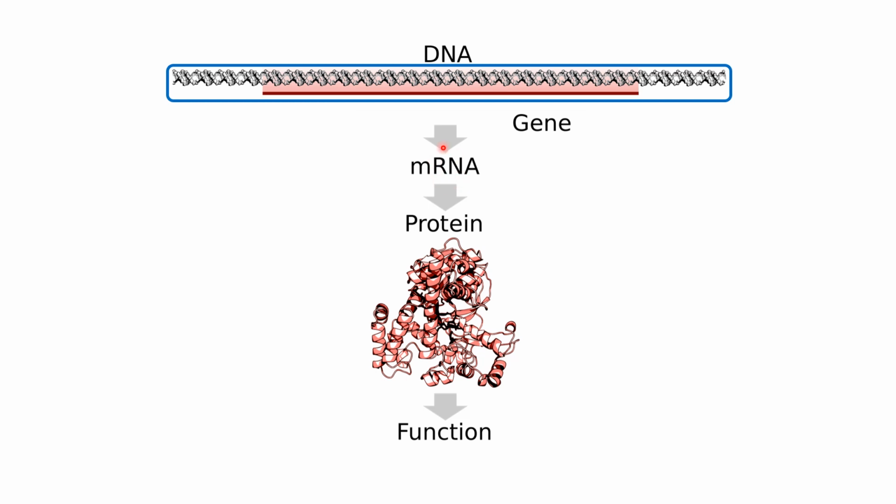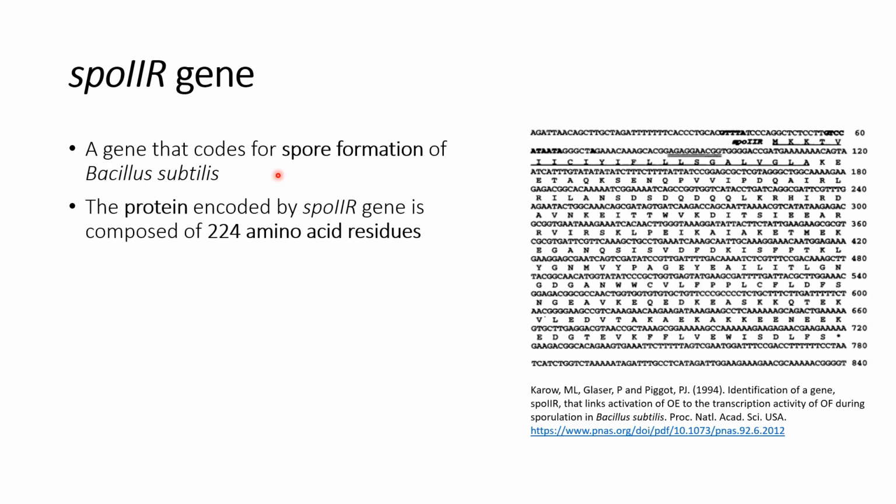And then this mRNA that contains the information will be translated into protein. Ano yung protein na yun? Yung coat. So, yung coat na yun will now perform its function protecting the bacterium.